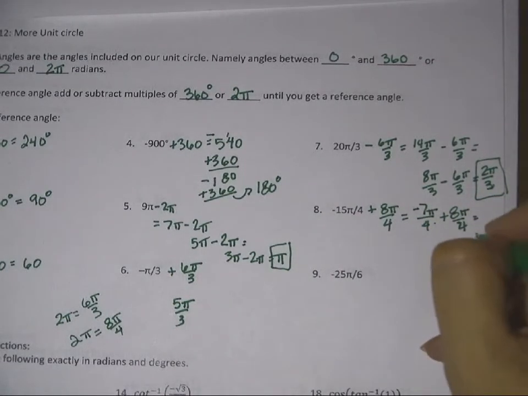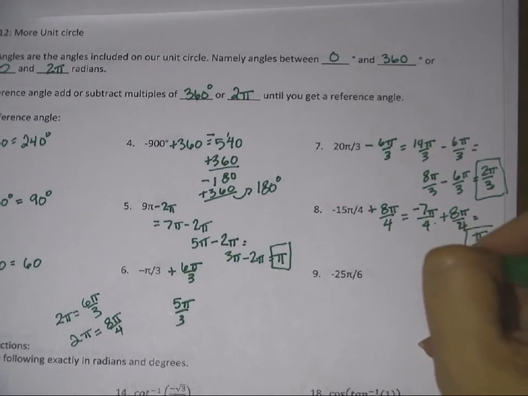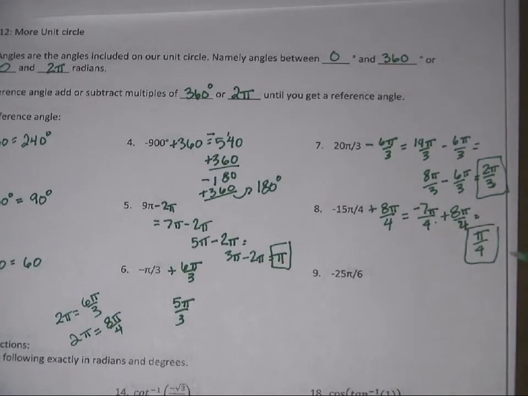So I get pi over 4. Pi over 4 is on my unit circle. Now I could use sine, cosine, tangent, whatever I need. What we're saying again is -5 pi over 4 is exactly the same as pi over 4. These two will have the same sines, the same cosines, the same tangents.